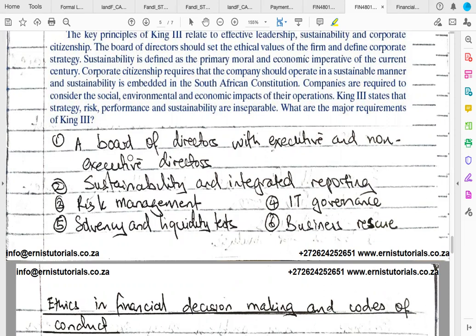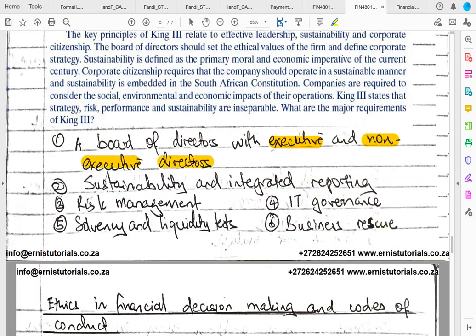So one of the major requirements of King 3, a lot of countries also have their own corporate governance frameworks, and they are very familiar or similar to King 3. First of all, a company should have a board of directors with executive and non-executive directors.